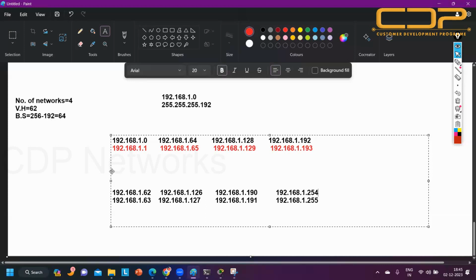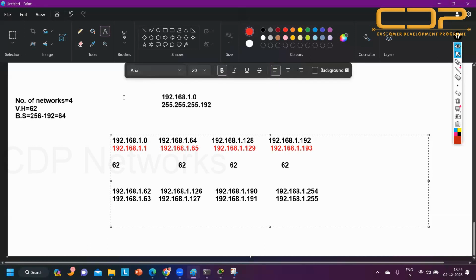So in the first network, how many valid hosts are there? 62. Here also 62, here also 62, and here also 62.